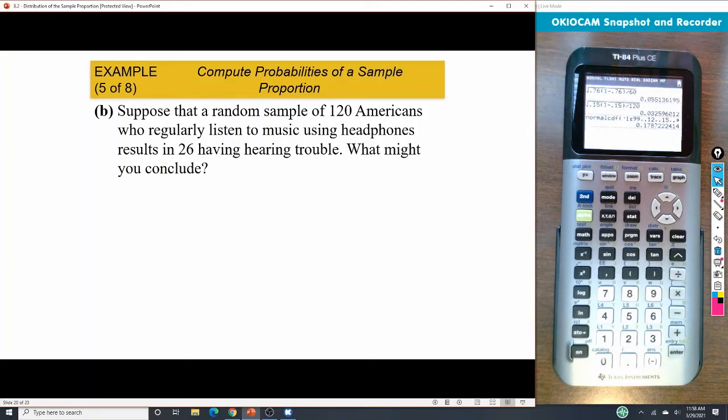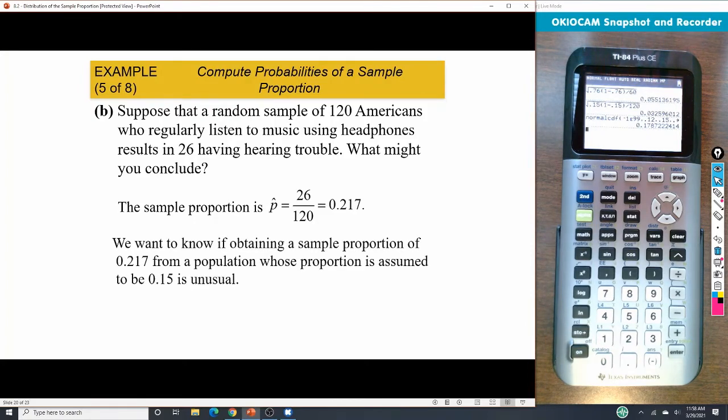Now let's suppose in part B that of the 120 who regularly listen to music, 26 have hearing trouble. So we're looking at 120 samples, 26 of those having hearing trouble. What might you conclude? Our sample proportion is 26 out of the 120, so that's 0.217 for our proportion.